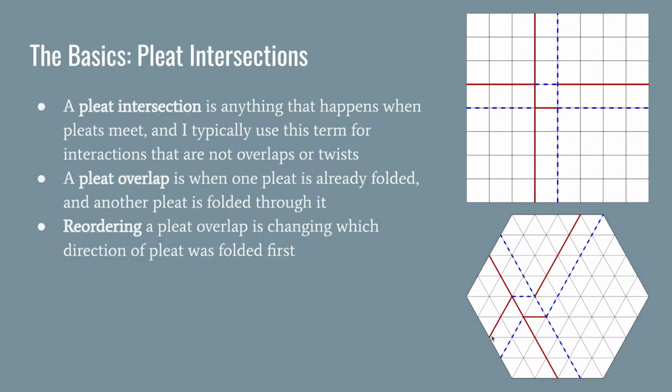So that's an important thing to know about the triangle grid, that when you have a pleat overlap, only the pleat that went through first has its folds on the same grid lines. And that's definitely important for setting up the next twists.